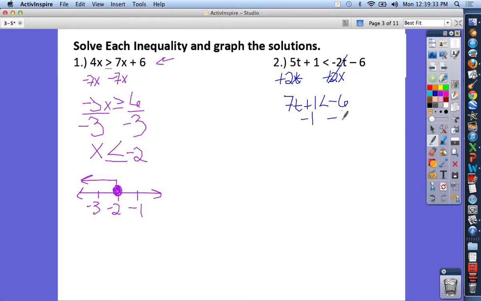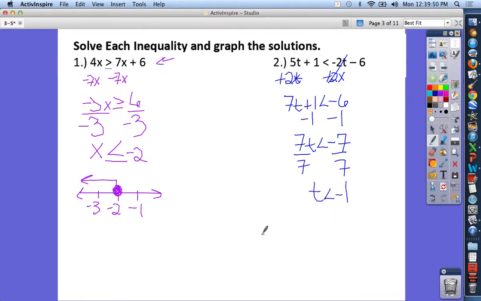Subtract 1 from both sides, you get 7t is less than negative 6 minus 1, which is really negative 7 when you do your subtraction. Divide both sides by positive 7, and you're left with t is less than negative 7 divided by 7, which is negative 1.